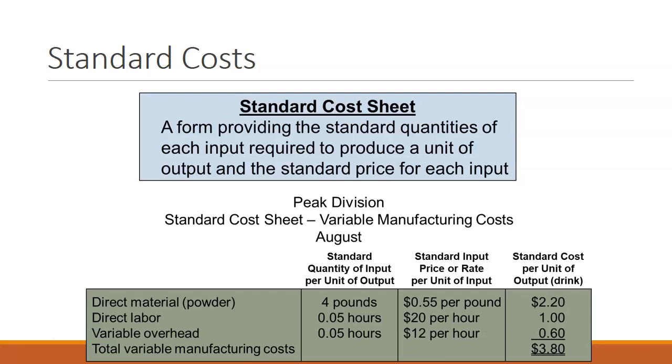That's our standard cost under normal circumstances. So we take 4 pounds times 55 cents per pound to get a standard per unit cost for direct materials of $2.20. We also do the same exact thing for direct labor and variable overhead.